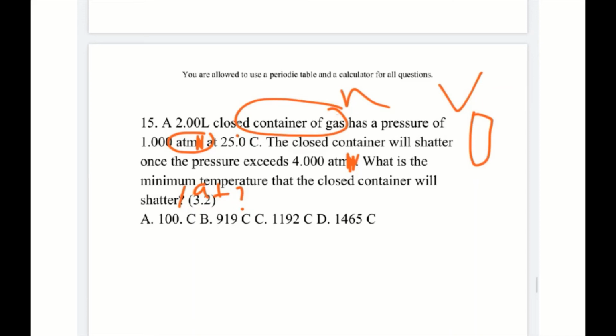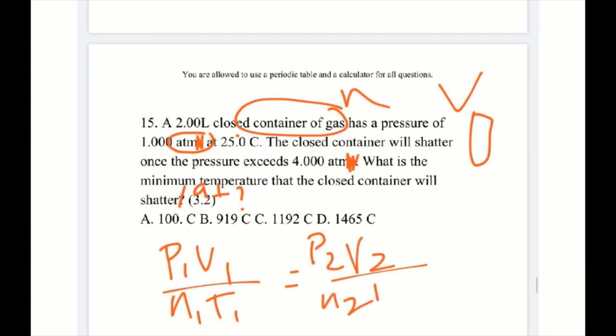So our relationship can be written at first as P1V1 over N1T1 is equal to P2V2 over N2T2. And since our volume and moles are constant, then our V and N can be crossed out, and we get P1 over T1 equals P2 over T2.